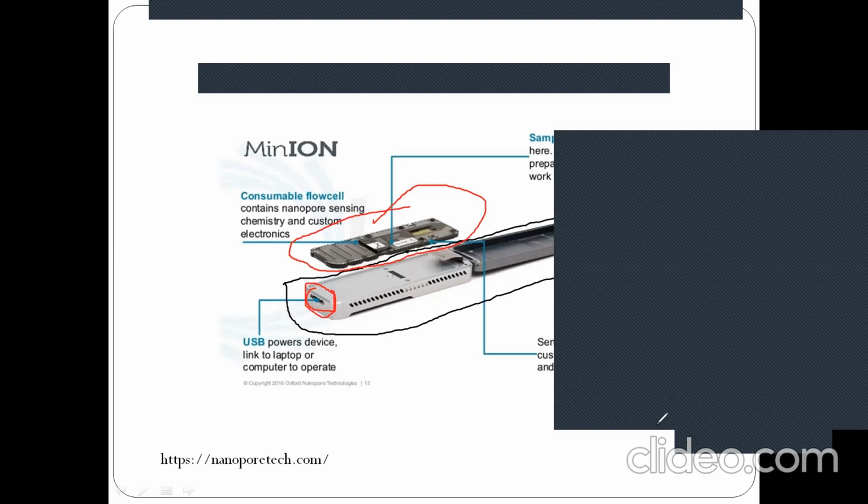But one of the advantages that Oxford Nanopore gives us is that they recycle the flow cell. If your flow cell is choked and you could not run at least 30 samples, they will replace it.